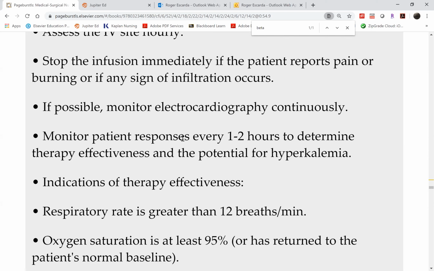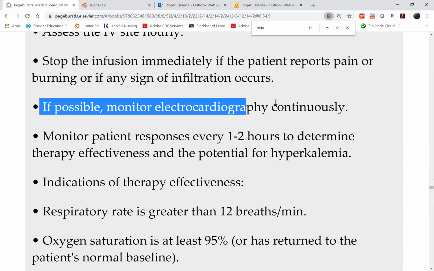In the meantime, you just have to keep the patient safe. So that's why, if possible, put the patient on telemetry and monitor their heart function, because it's impossible to correct it in a short amount of time. You're limited by the maximum infusion, which is 10 milliequivalents per hour.